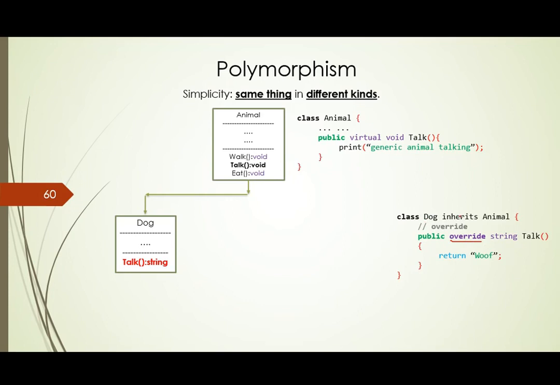So we're saying inherits, but here you have to put the colon in C#, and override, and dog just says oof. That's it, returns oof. How are we going to print it? Print dog.talk, and we will see in the console that it says oof.